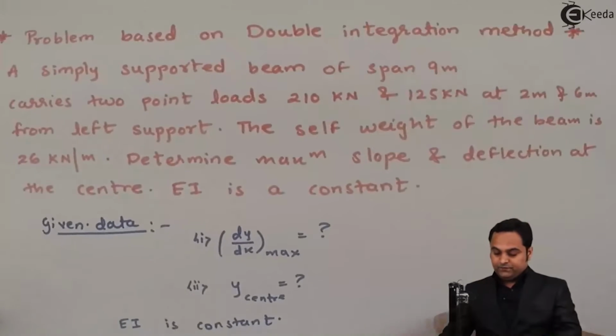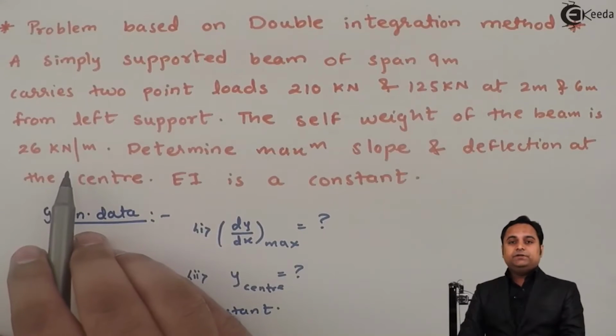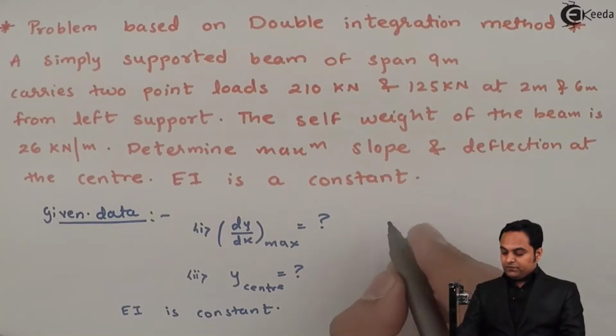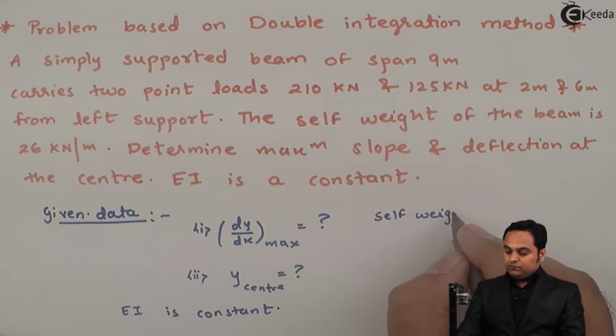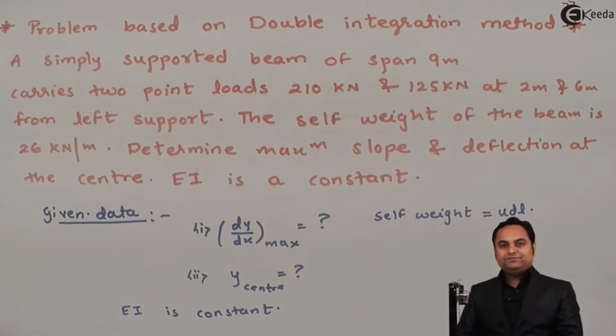Now here I'll denote this as points C and D. Next, the self weight of the beam is 26 kilonewton per meter. The self weight of the beam is nothing but what is called a uniformly distributed load.